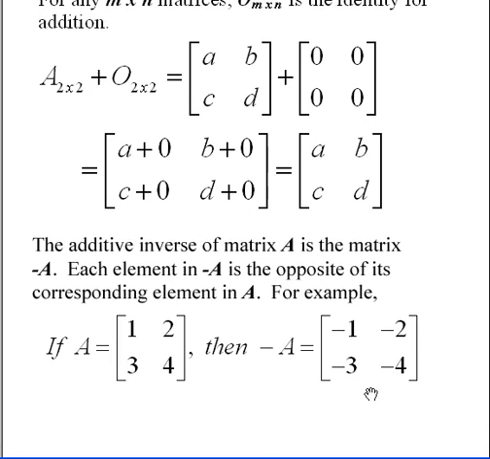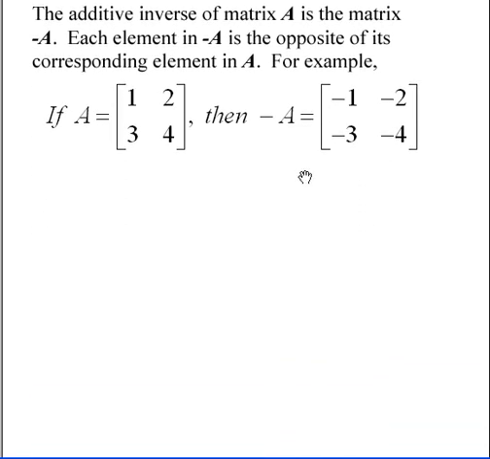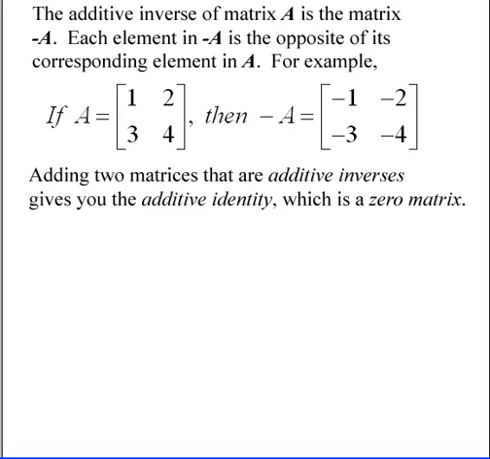So for example, if we are looking at matrix A, and that contains the elements 1, 2, 3, 4, then the additive inverse would have the opposites of each element. So instead of 1, -1, instead of 2, -2, instead of 3, -3, and instead of 4, -4 in their corresponding positions.